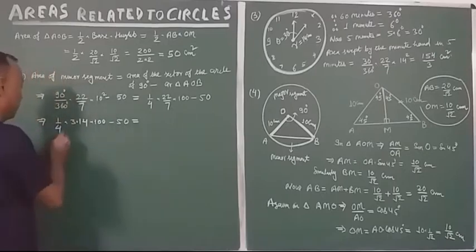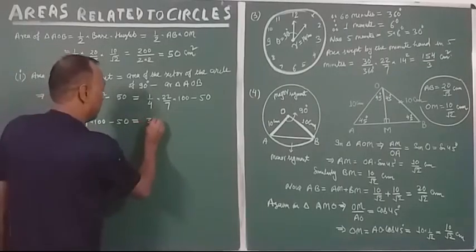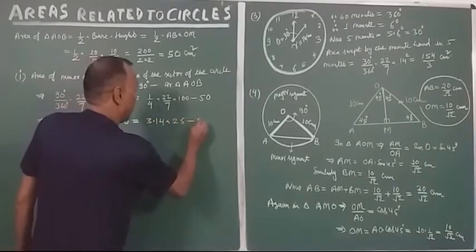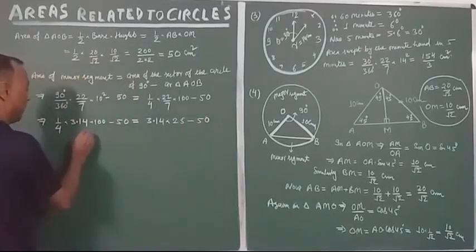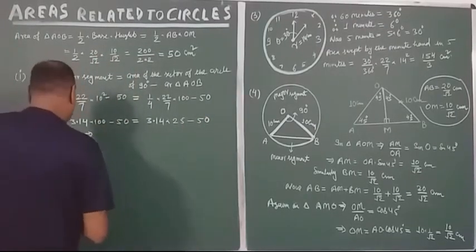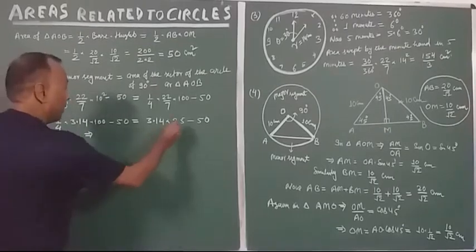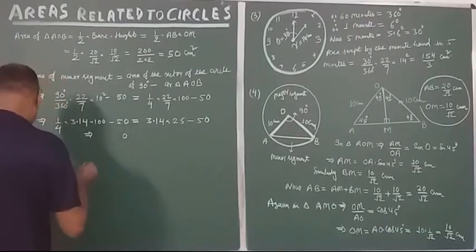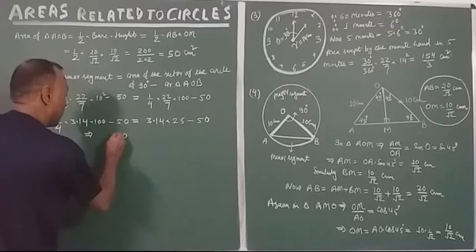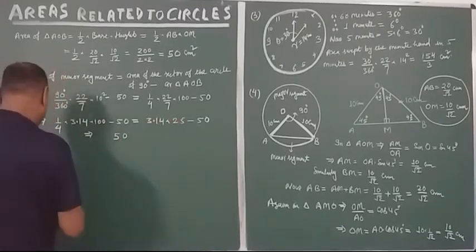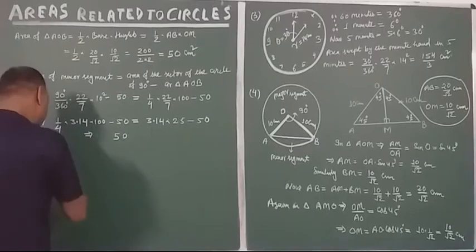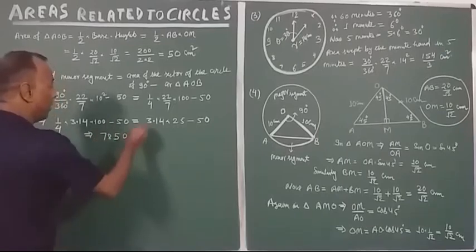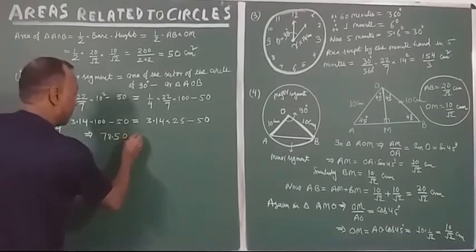So now just look here. This 4 will divide the 100. So 3.14 into 25 and minus 50. Just multiply them. You will get 3.14 into 25 is 78.5, and minus 50.